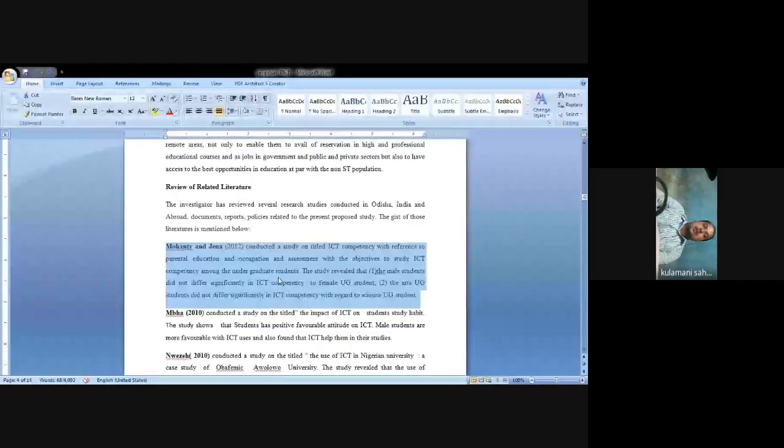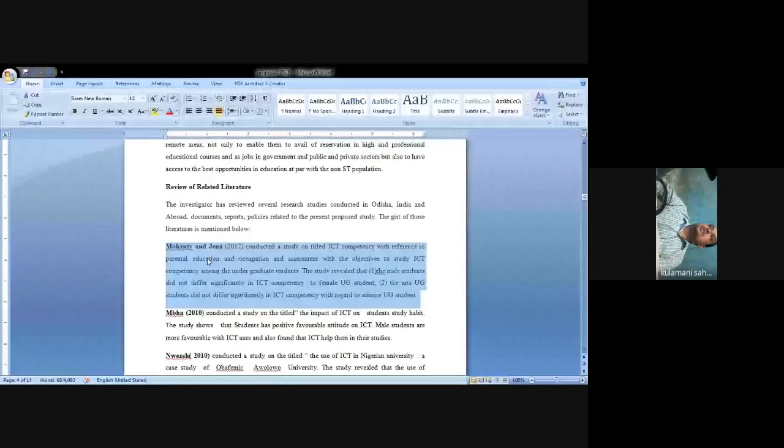So while reviewing a research work, you can write the review in a paragraph, and that review should consist of the name of the researcher, the year in which research has been conducted, the topic of the research, the tools they have used, the techniques they have followed, and the objectives with regard to the findings. All these components are to be reflected in your review work while reviewing the works of others.